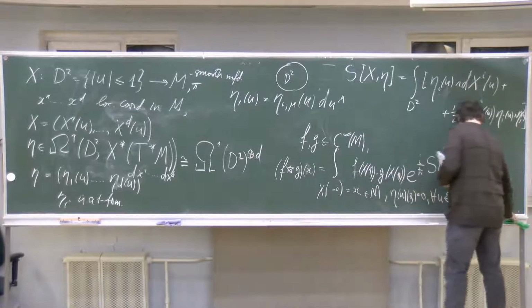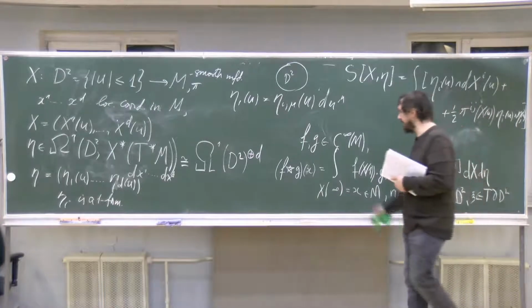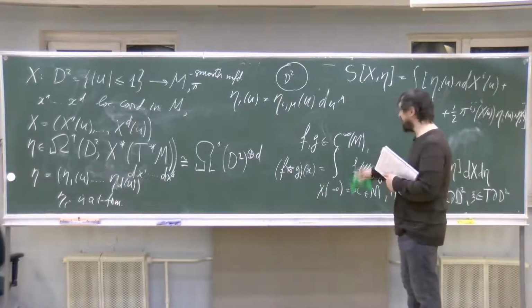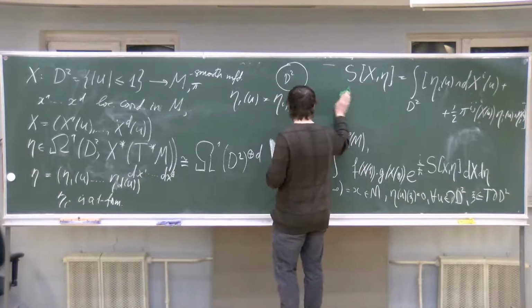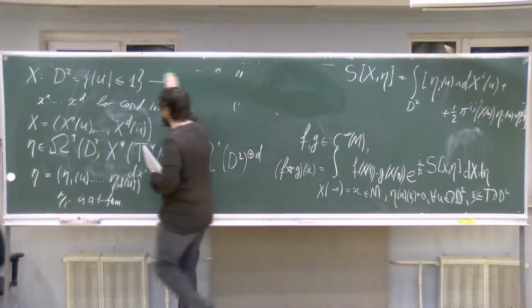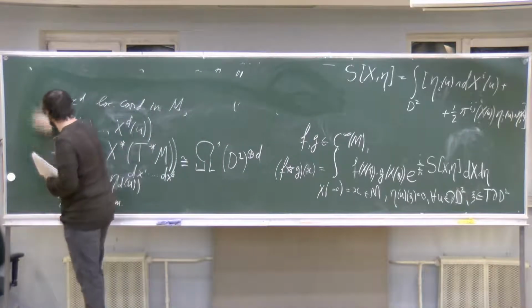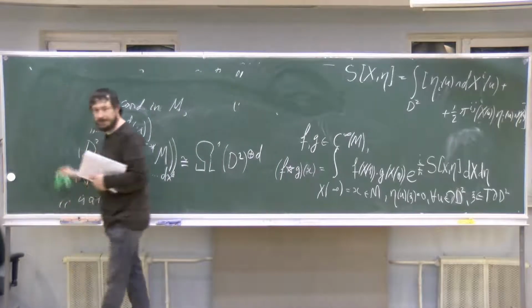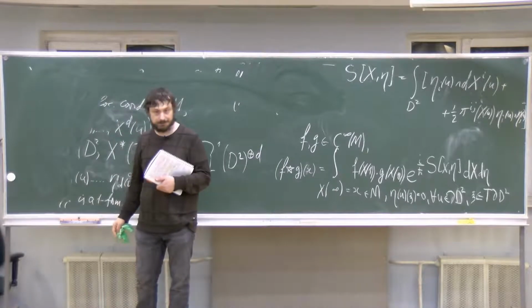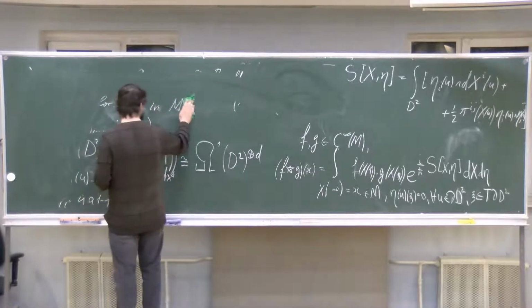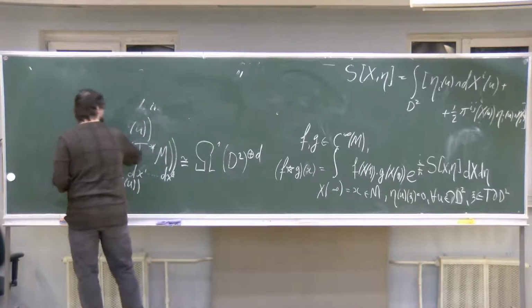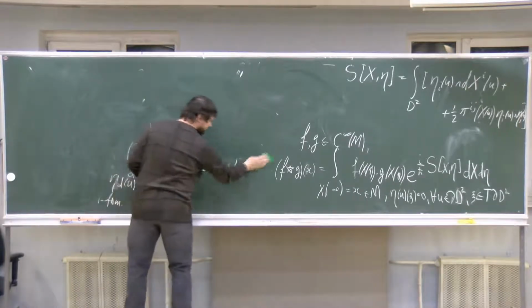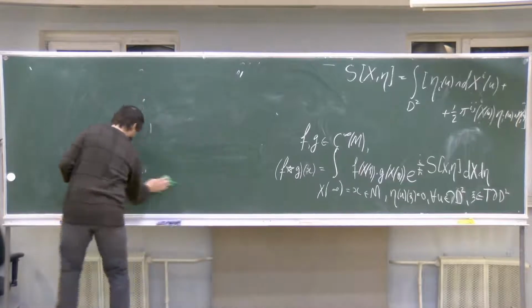However, if you believe that this map is well defined, if you believe that this integral is well defined, then you can prove that this product is actually associative. If you believe that this is well defined, then the associativity of this product is an easy exercise.